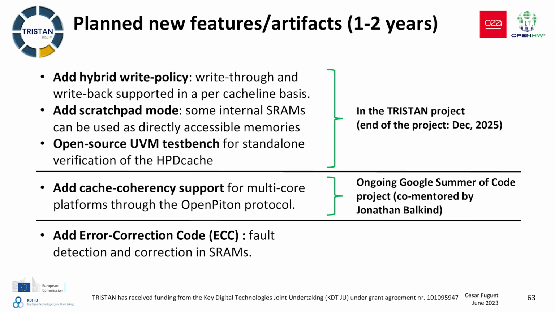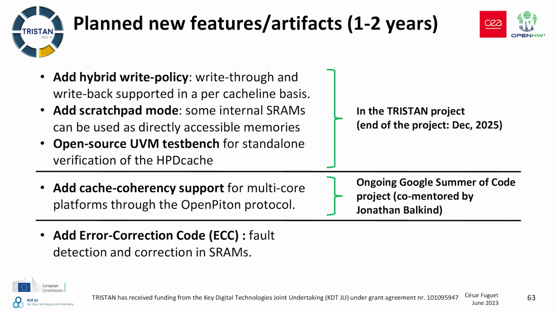Currently it's write through, but we wish to support both write through and write back, and not on the entire cache: you can choose for a given set of cache lines to be write through and for another set to be write back. This is very good in an embedded environment, where you can reduce power consumption a lot.